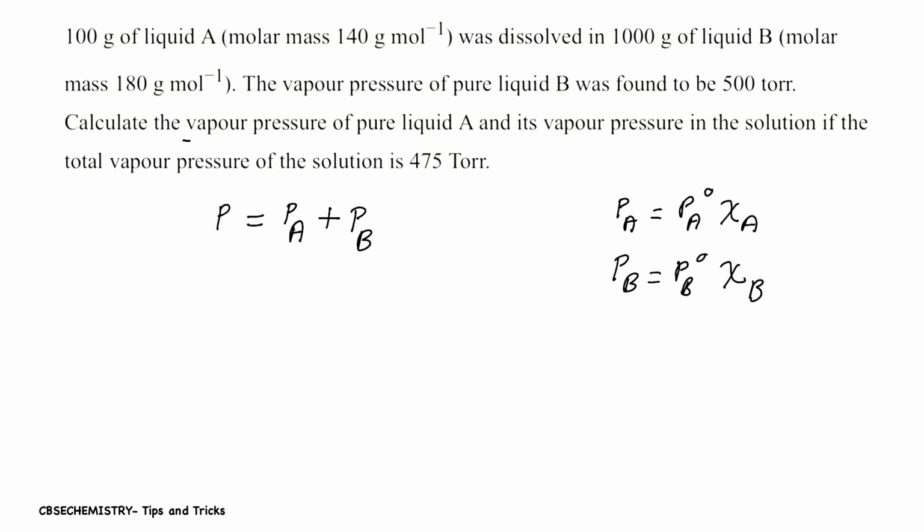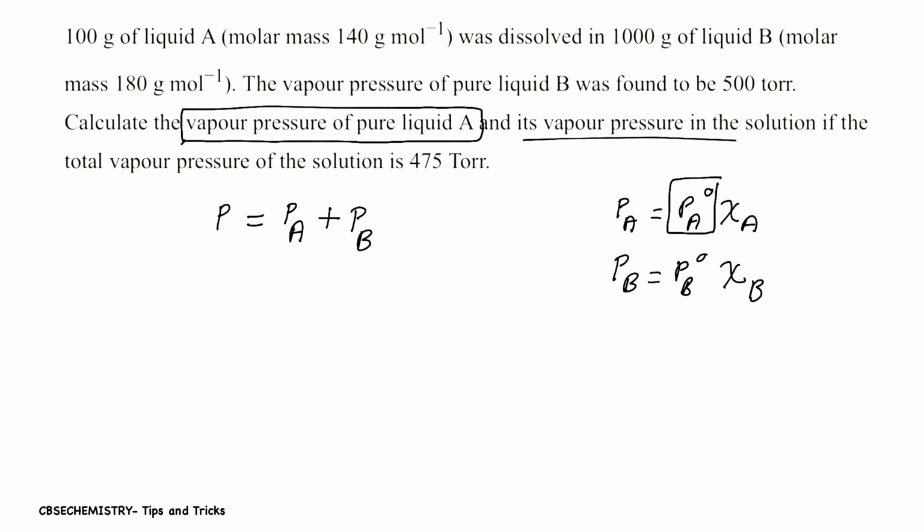Now what we have to find? We have to find the vapor pressure of pure liquid A, which means PA standard, and its vapor pressure in the solution, which means you have to find the partial vapor pressure of A in the solution, which means PA. Hope you understand. For solving this, first we can write all the given values.